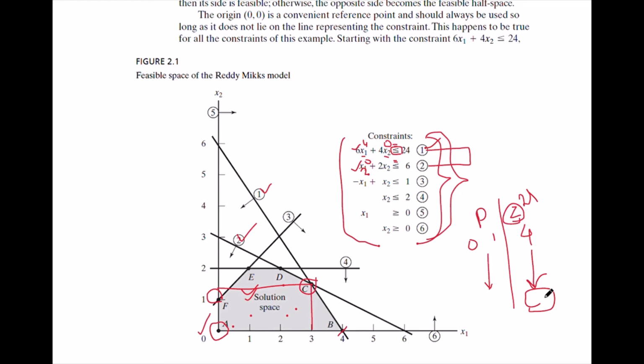Whichever is the maximum or minimum, depending upon the question, that point is the optimal solution. Like here we get point C, which means 3 tons of exterior paint and this much ton of interior paint has to be used to get an optimized profit of $21,000.